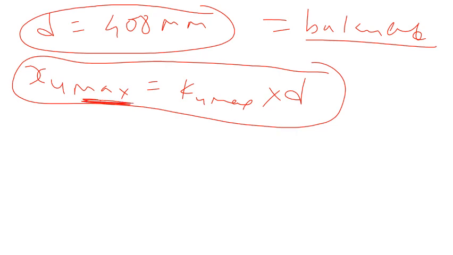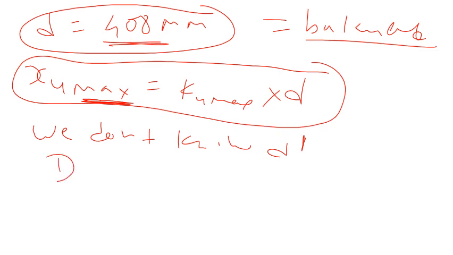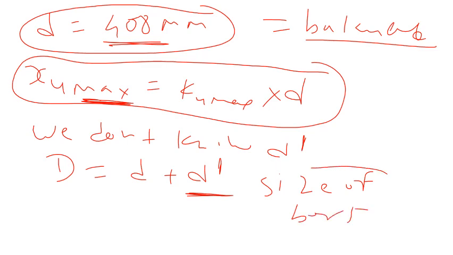So now we have the D now. We don't know D dash, right? Because capital D is equal to D plus D dash, so it will definitely go with the size of steel bars, but we are not going into details of that.